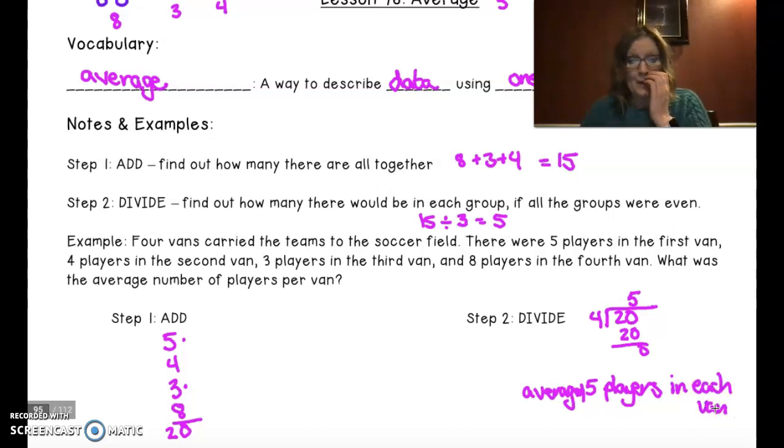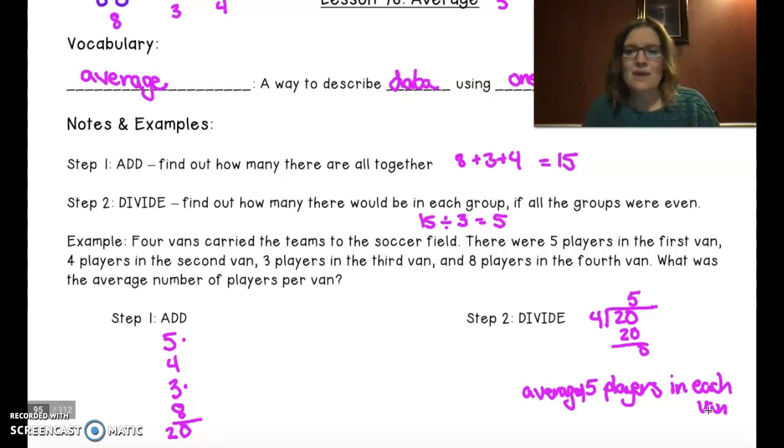Another place that we use averages is on test scores. If I have a lot of kids that score really high and a few kids that score low, I can find what the average grade was for our whole class. I add up their grades and then I divide it by the number of students. Some kids will get 90, some kids will get 70.